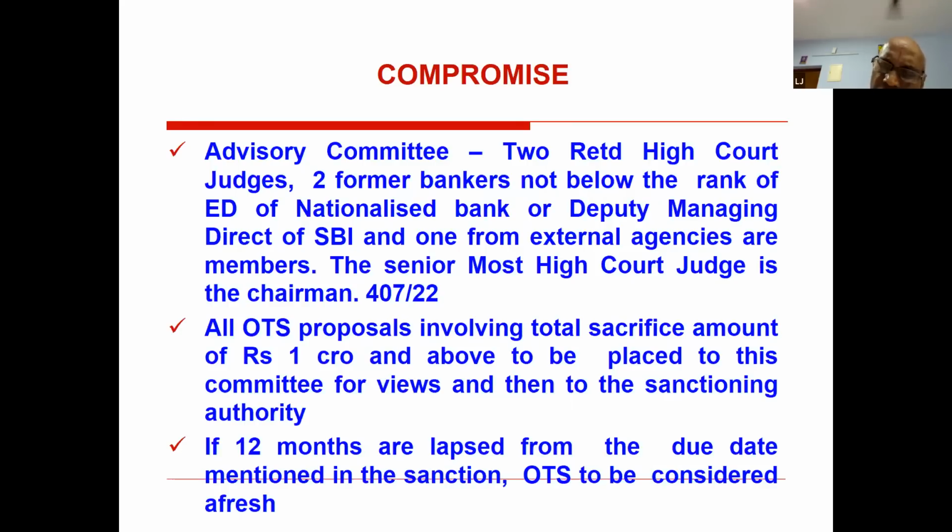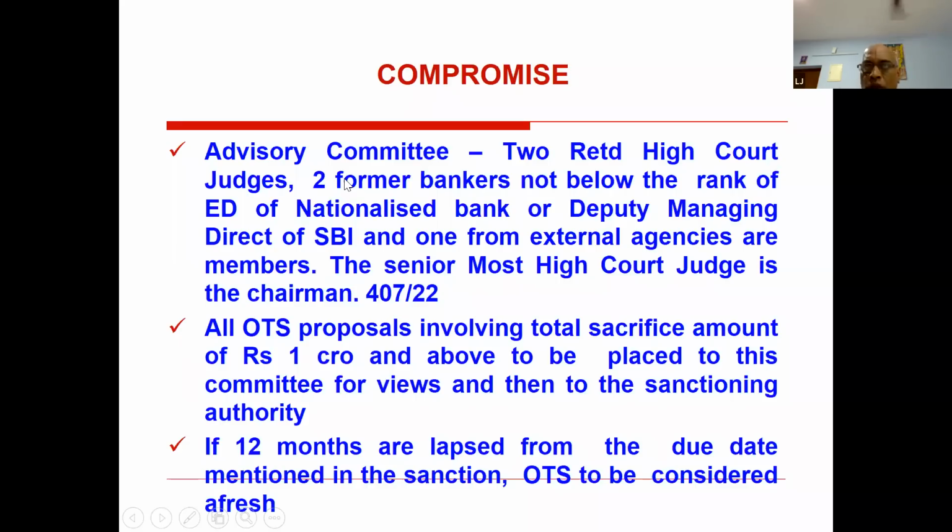So the 5 members will form the advisory committee. The senior most retired high court judge will be the chairman. Before 407 was issued, you had only 147/2022, and as per 147/2022, only one retired High Court judge was there. Now you have 2 retired High Court judges in the advisory committee.